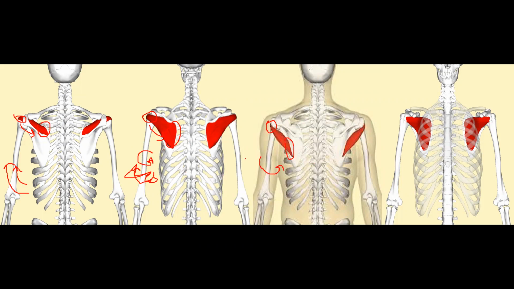So again, this is a posterior view moving in the exact same direction. You're basically taking the arm, we're looking at the left arm, and you're moving it in a counterclockwise position. So why does this work again? Simply the same as before. This attachment point right here on the humerus is getting closer to this attachment point, the lateral border of the scapula.